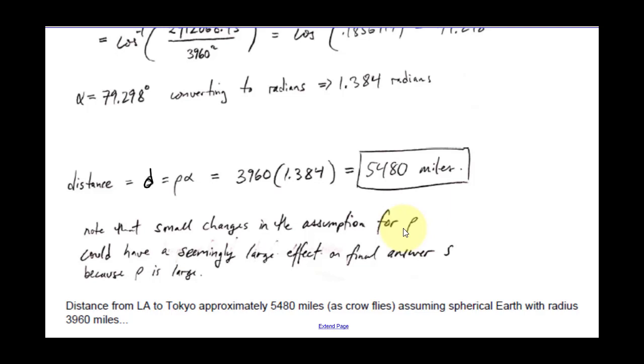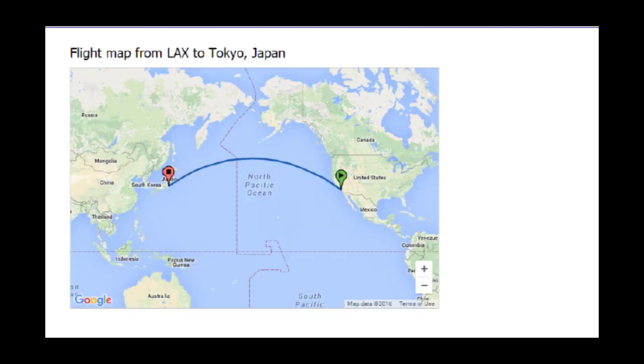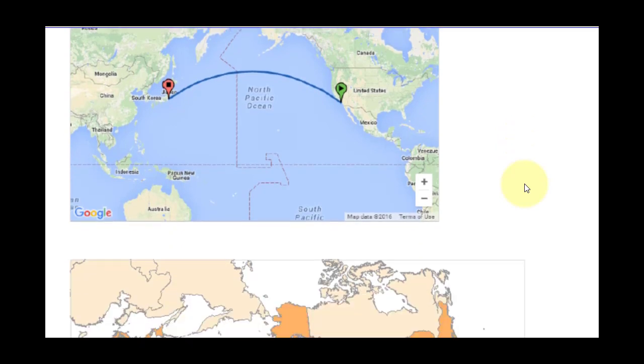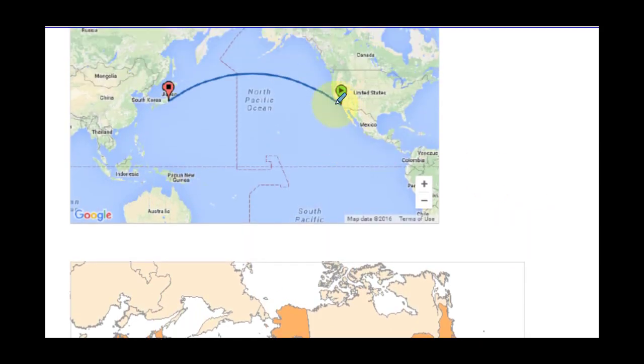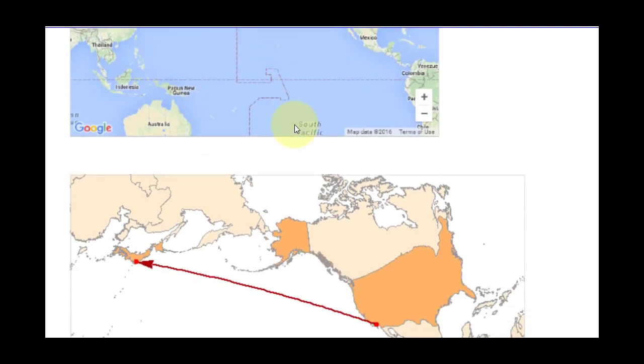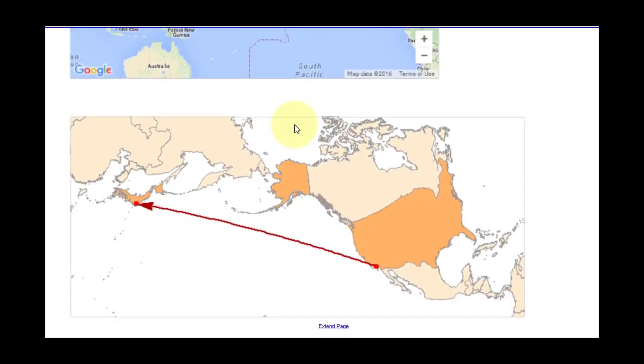5,480 is that distance. Let's take a look at what that looks like. This is the path if you look on a standard Mercator map. It's a really distorted path there that doesn't look at all like the shortest distance. But if you look at another perspective, you can see how that slanted, very curved line in the Mercator map is really a straight line on the surface of the Earth. It's a portion of a great circle.